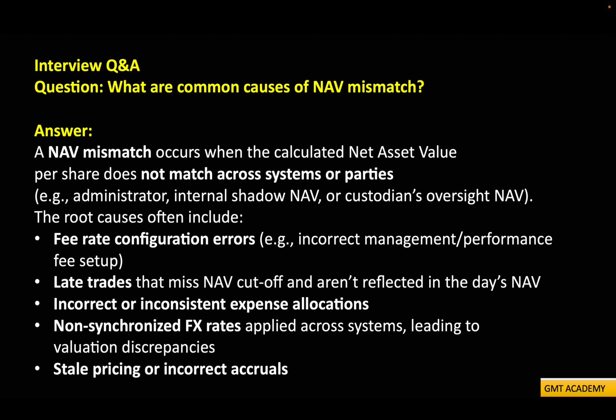Incorrect or inconsistent expense allocation, meaning some expenses are booked incorrectly or not booked, will also have an impact. Non-synchronized FX rates applied across the system lead to valuation discrepancies as well. Stale prices or incorrect accruals may also be an issue.